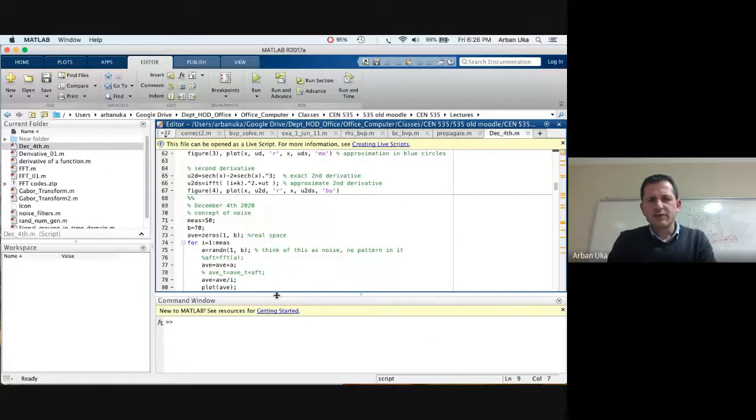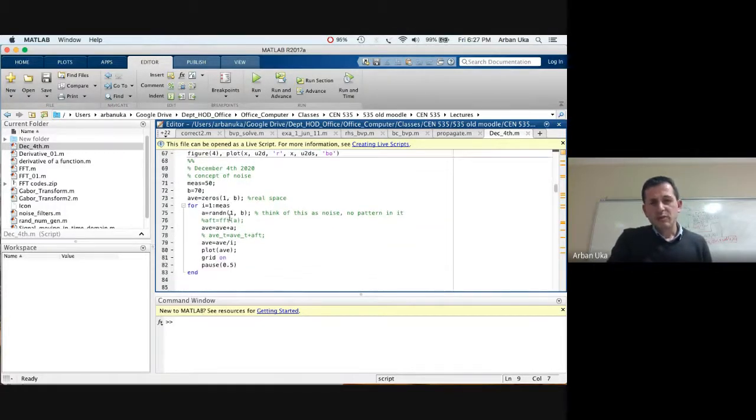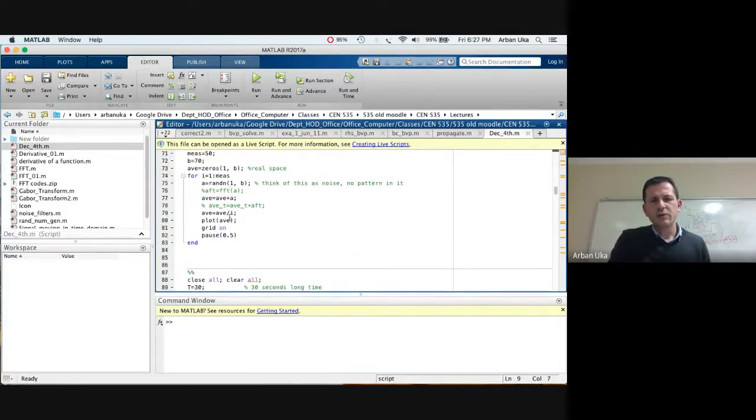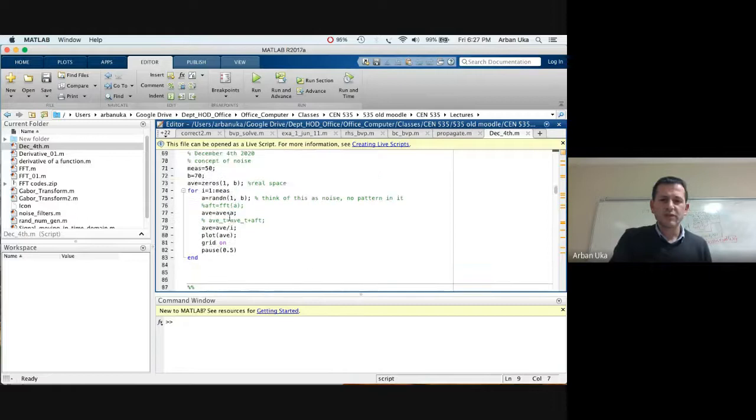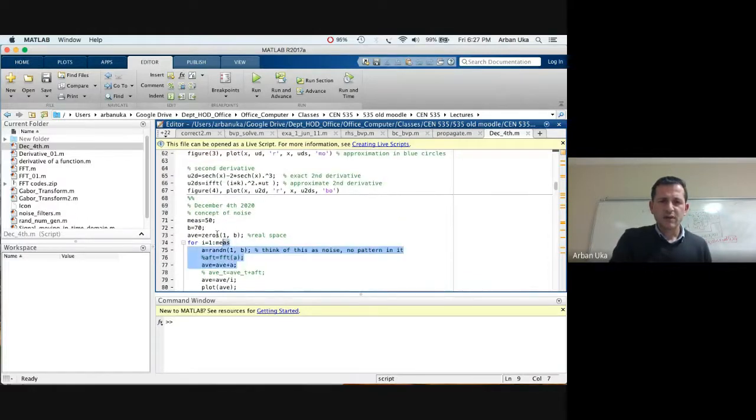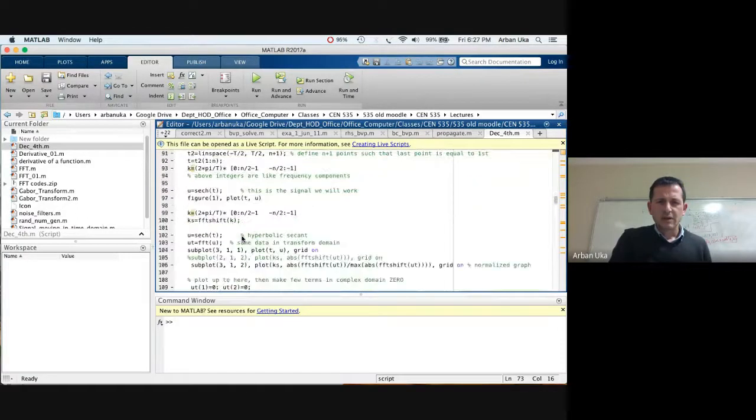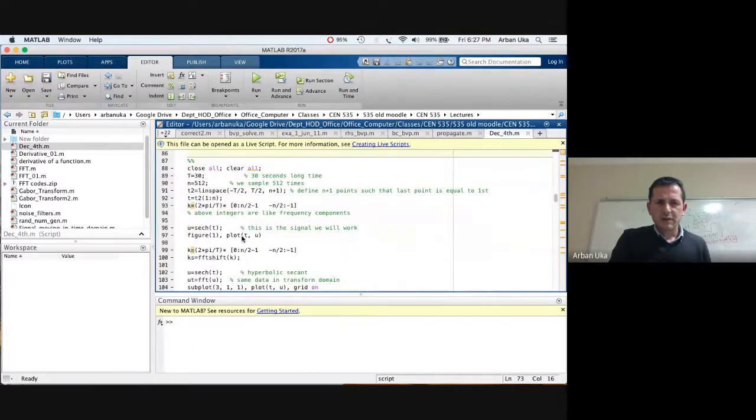Finding the derivative using the Fourier transform can be beneficial because the FFT is very fast; the computational complexity is improved a lot because it uses the fast Fourier transform algorithm. That is one indirect use of why we use the Fourier transform to get the derivative of a function. This is the example we covered last time. Let's see now what we have here.